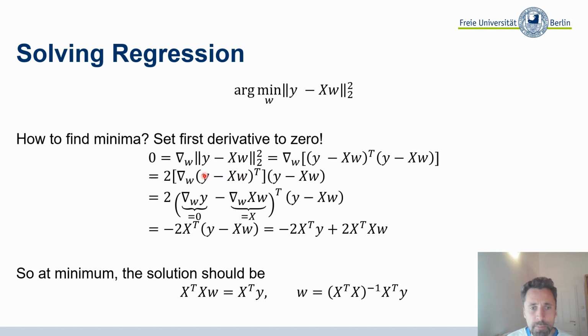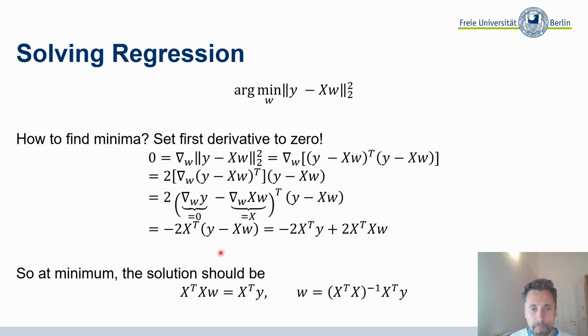Well, basically, y isn't depending on w, only xw is. So the derivative is minus x, and the transpose will get on here as well. And this, we don't want to find the derivation of this, and we just keep it, and then we can condense this into this shorter term, minus 2x transpose y plus 2x transpose x w.